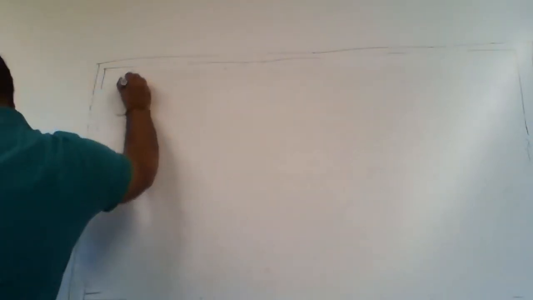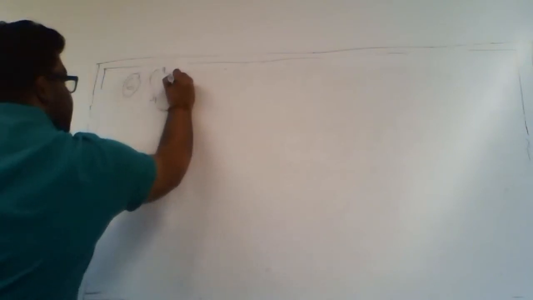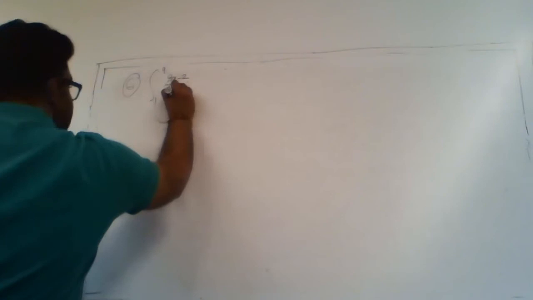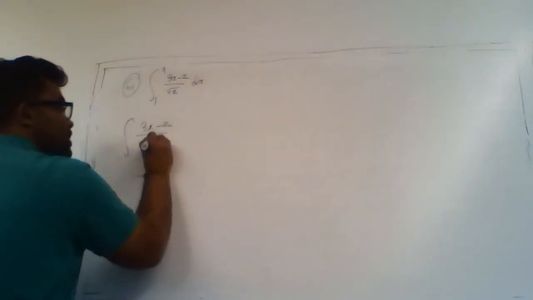Now let's take the next problem, which is problem number 6, which is the integral from 1 to 9 of 3x minus 2 by square root of x dx. So first we will consider this 3x minus 2 by square root of x dx.